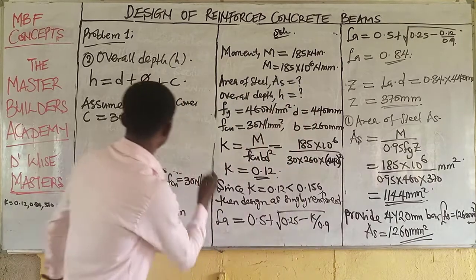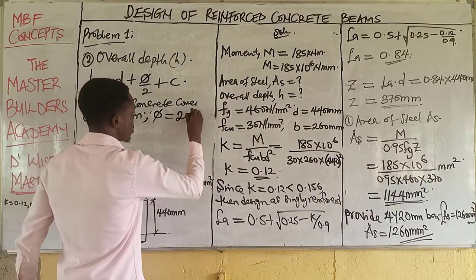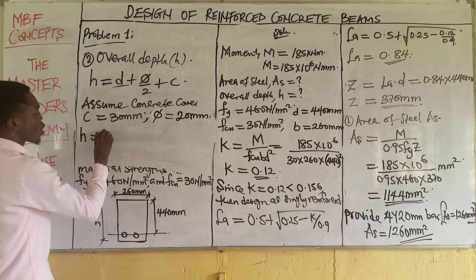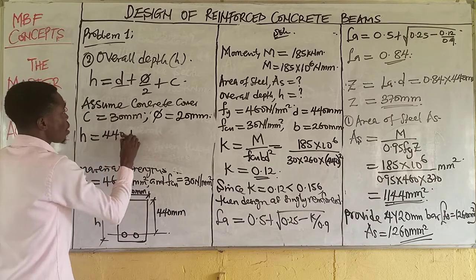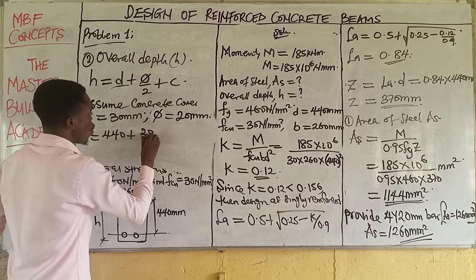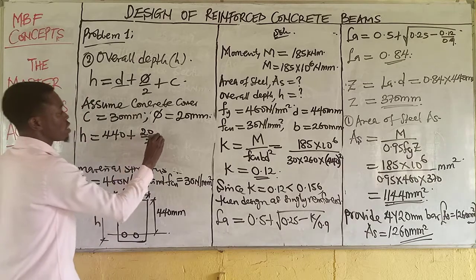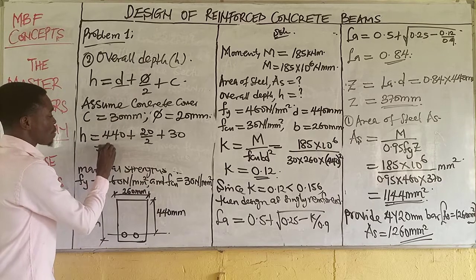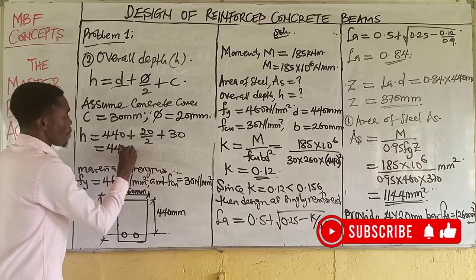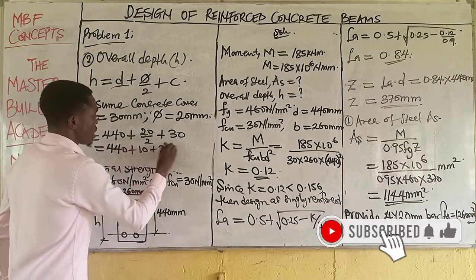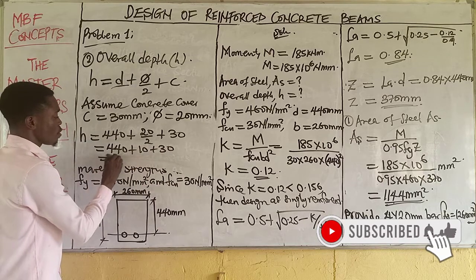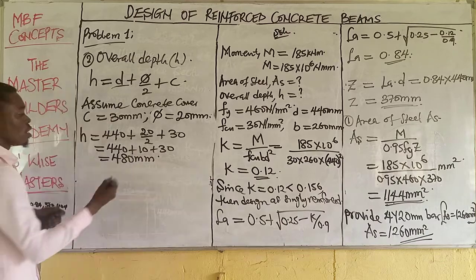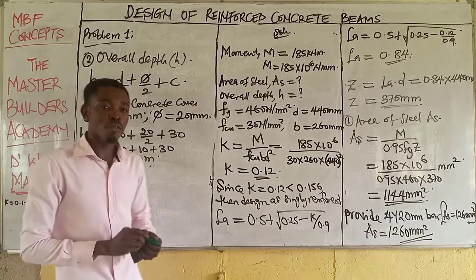That's the diameter. And we were given D already, so H therefore becomes 440 plus 20 over 2, which is bar size over 2, then plus 30. Now, final answer becomes 440 plus 10 plus 30, and this would have given us 480 millimeters. So this is the overall depth of this section.